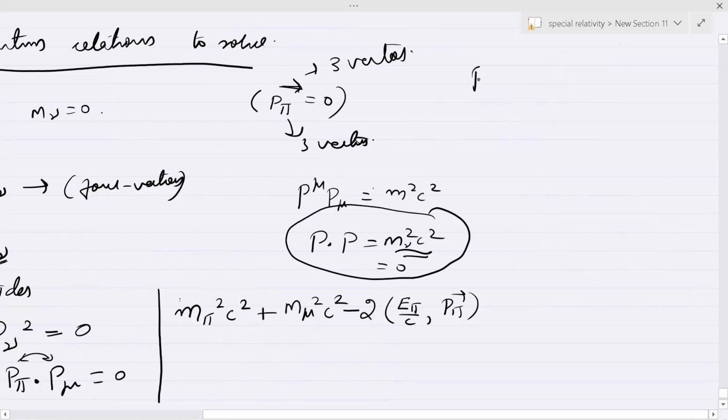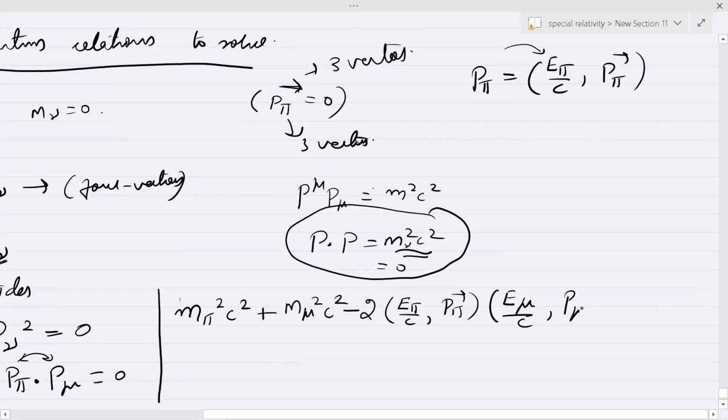I've used the fact that the 4 momentum p pi has components e pi by c, the 0th component is e divided by c, and then the 3 momentum. These are the 4 components. And we have here p mu, again e mu by c, comma p mu vector. I've written it in component form.